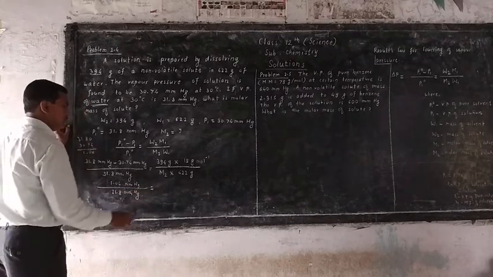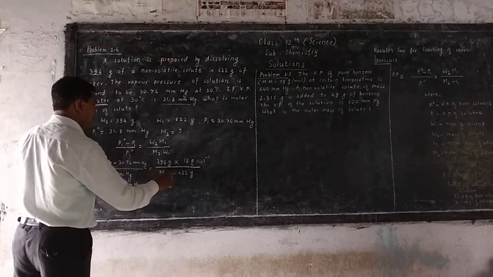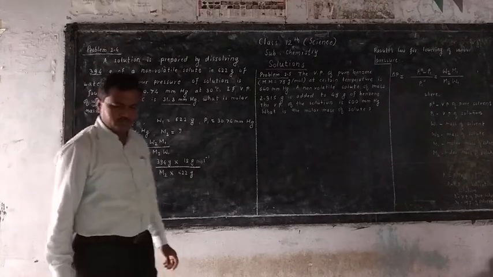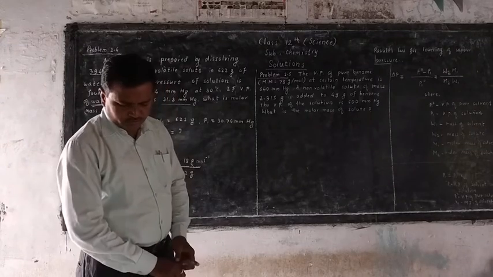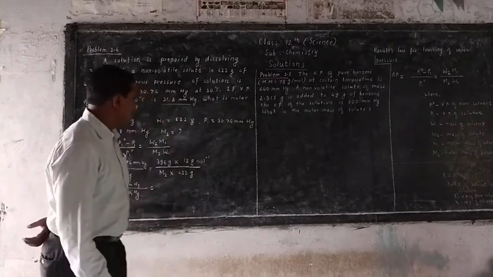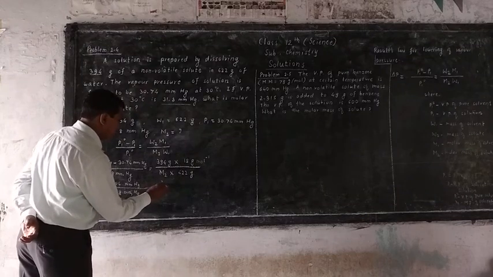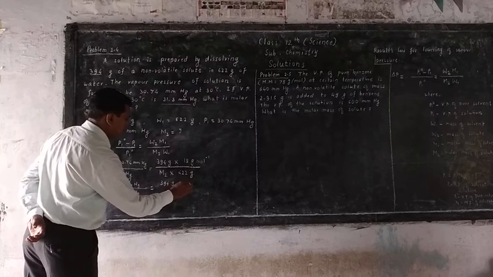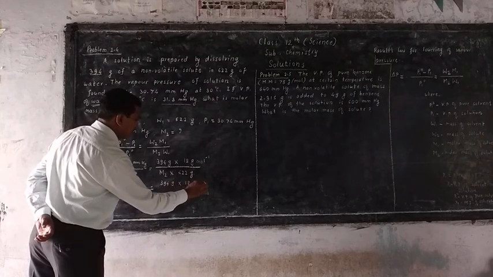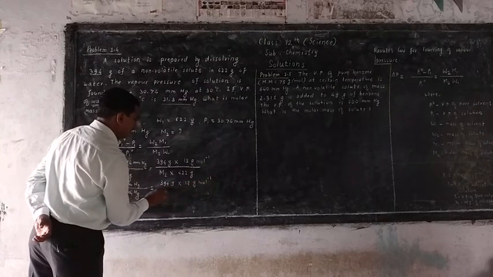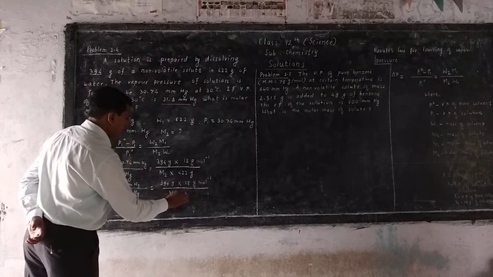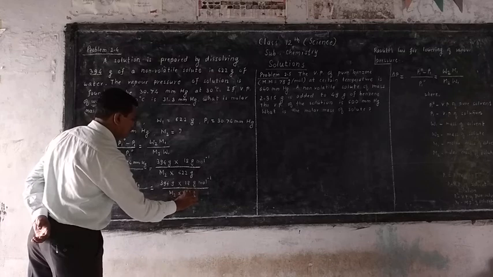So here 3.94 gram into 18 gram per mole upon M2 into 622.